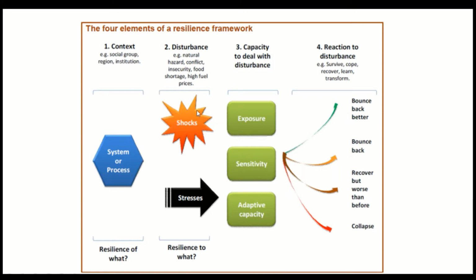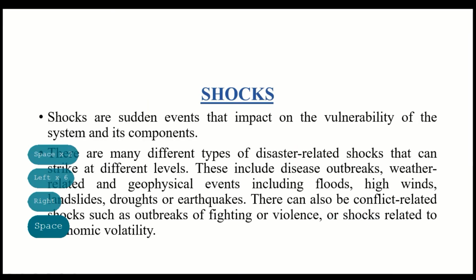This is a short-term event and this is a long-term event. Examples for shocks: disease outbreaks, floods, high winds, drought, earthquake. All these are sudden events that come under shocks.